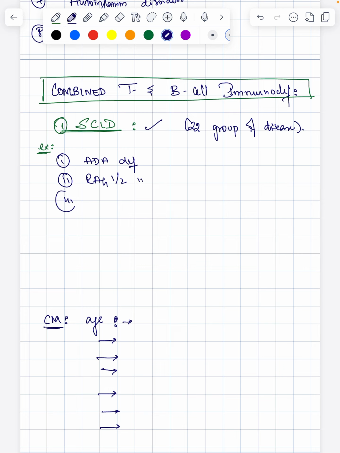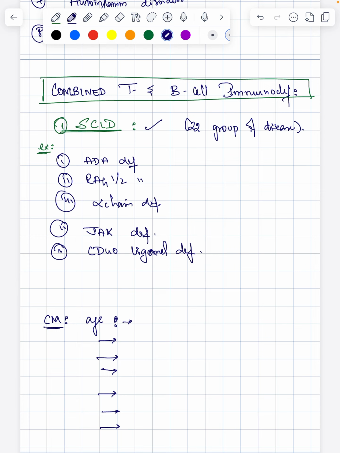Third, alpha chain deficiency. Fourth is JAK deficiency. And fifth will be CD40 ligand deficiency. When there is a CD40 ligand deficiency, you suspect the child to have X-linked hyper IgM syndrome.